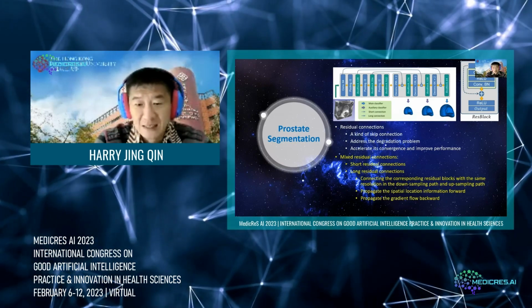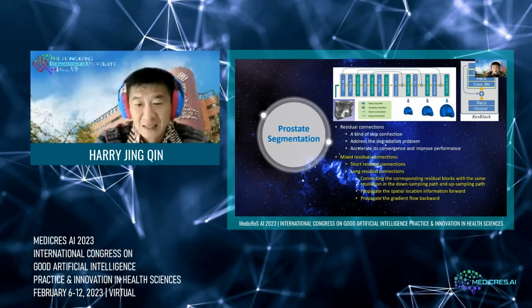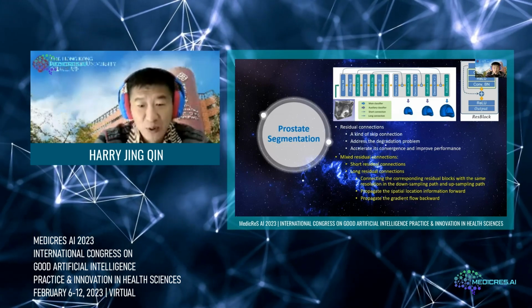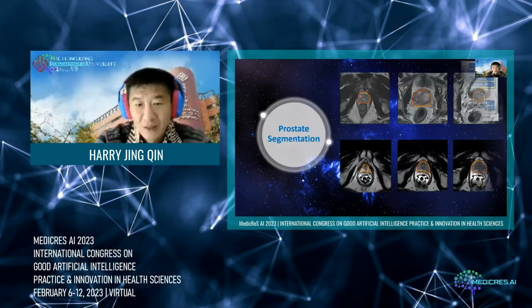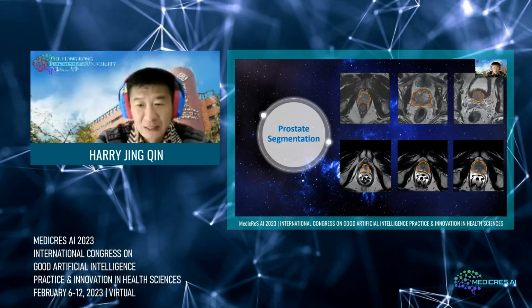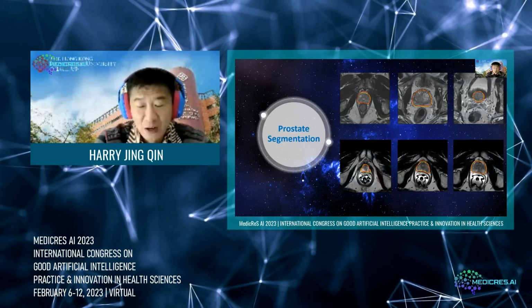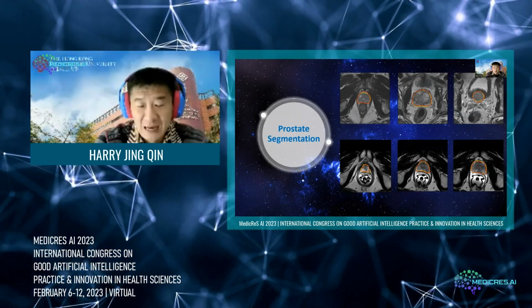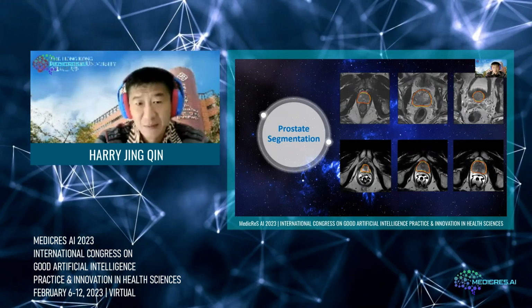These connections can propagate the spatial location information forward and propagate the gradient flow backward. So these figures show the segmentation results. The yellow curves are annotations labeled by doctors, while the red curves are our segmentation results. It is observed that our results are quite close to annotations labeled by doctors.